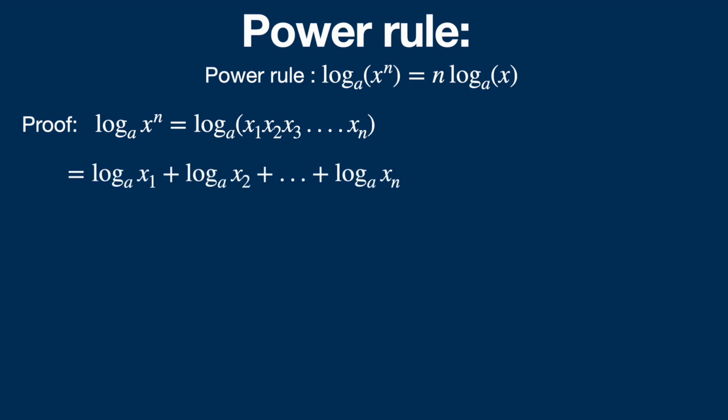So it's the log of x1 in base a plus the log of x2 in base a, and that will carry on all the way up to the final value, which is the log of xn in base a. And every single one of these logs has the exact same value, and if we repeat this addition n times, it becomes n multiplied by the log of x in base a. And that proves the power rule.